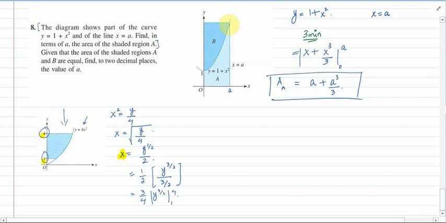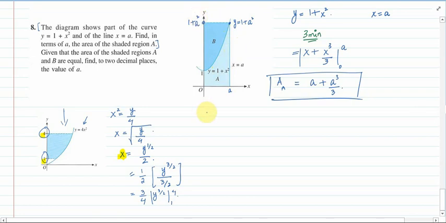But what is the value at this point? You have the equation of the curve y equals 1 plus x square, and you place the x value, that is a, so y equals 1 plus a square at this point. So the value here is 1 plus a square, that is my upper limit.